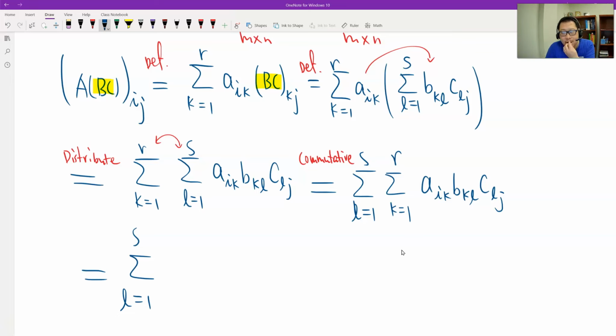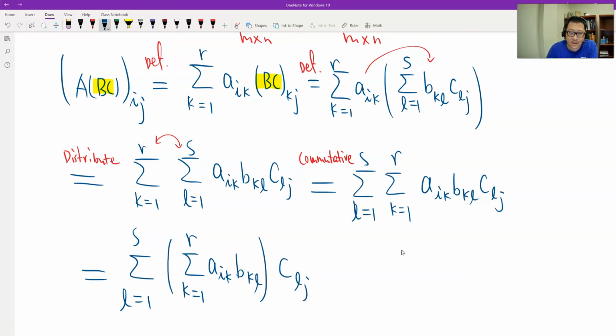Is that okay? So I put a parenthesis here, and then times C. Good, so I can do this. I can put a parenthesis, and then this K from 1 to R, A, I, K, B, K, L, parenthesis times C, L, J.